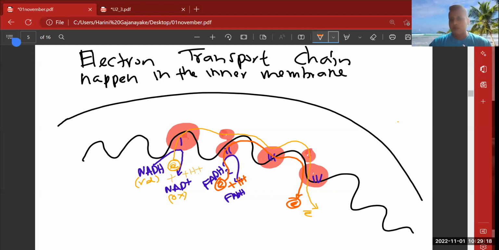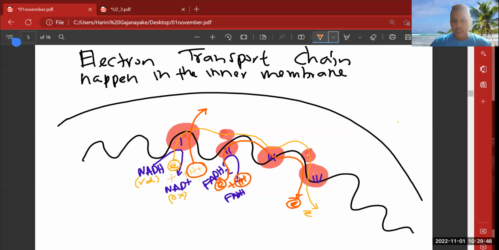But here, what is going to happen is this proton, or hydrogen ion, is pumped out like this. The protein complexes act as transport proteins and they transport hydrogen ions out.